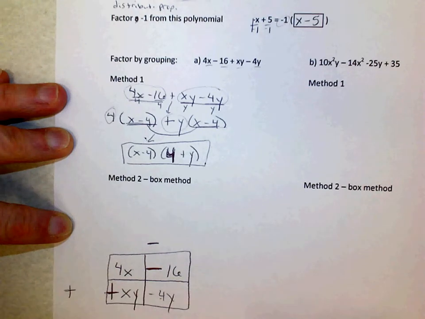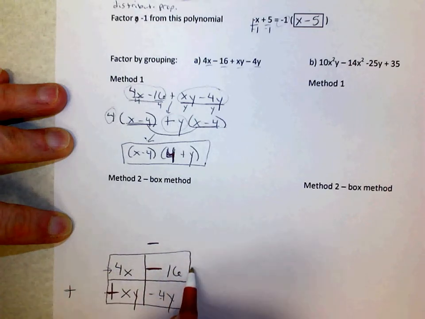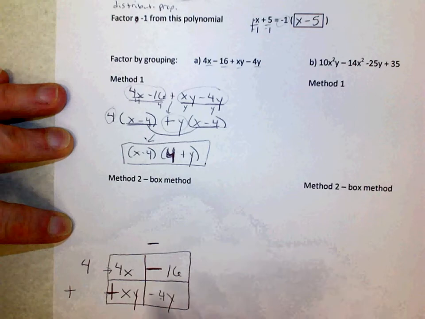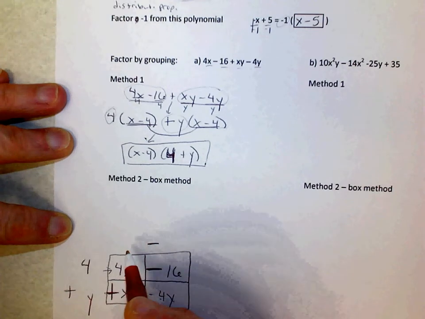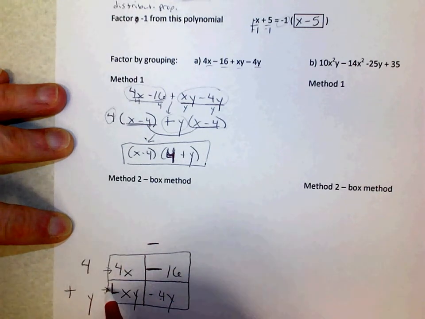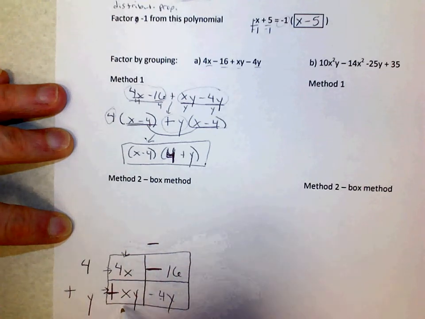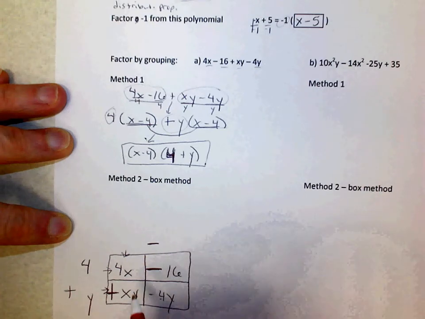Now, your GCF going this direction, horizontally in row 1, your GCF is 4, and in row 2, horizontally, your GCF is y. Now, so we've done both horizontal directions, now we're going to go vertical. Going down in the first column, x is your GCF.